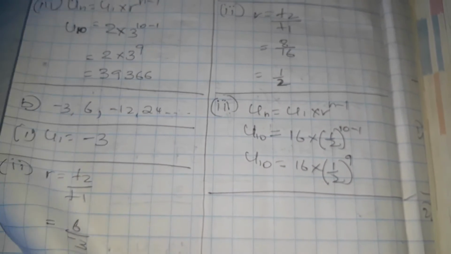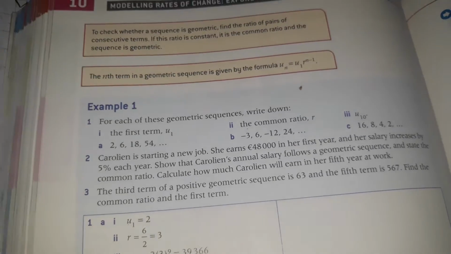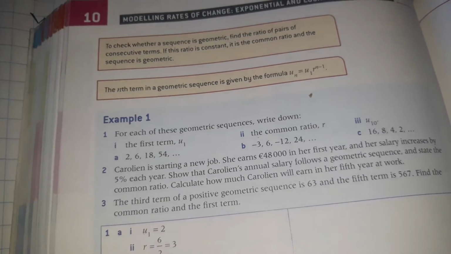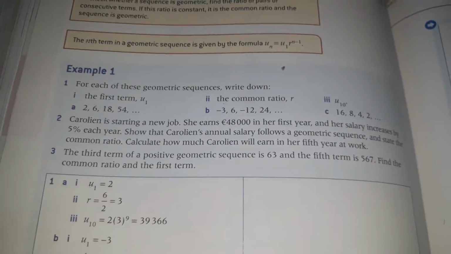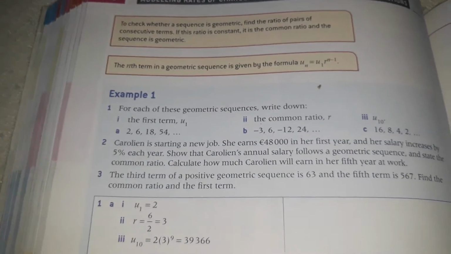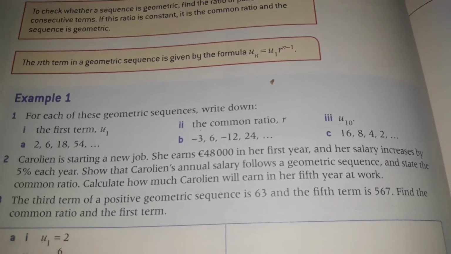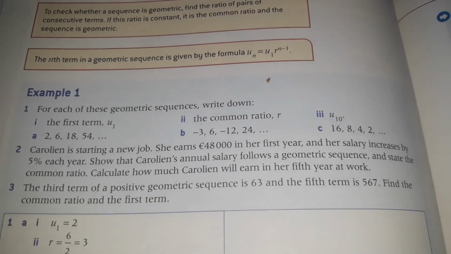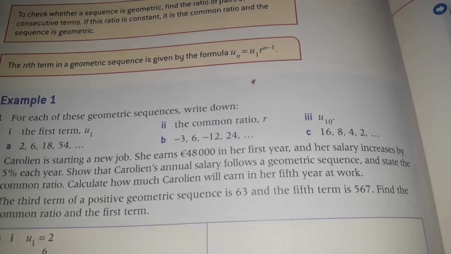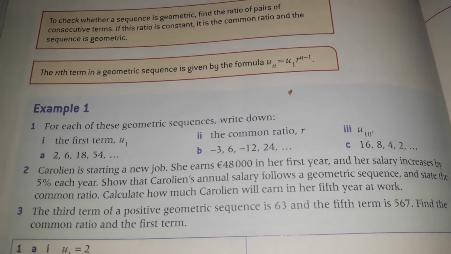Okay. Then we are going to go on to number 2 of example 1, which says Caroline is starting a new job. She earns $48,000 in her first year, and her salary increases by 5%.